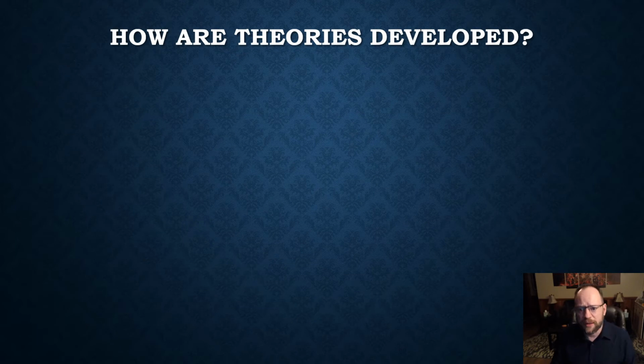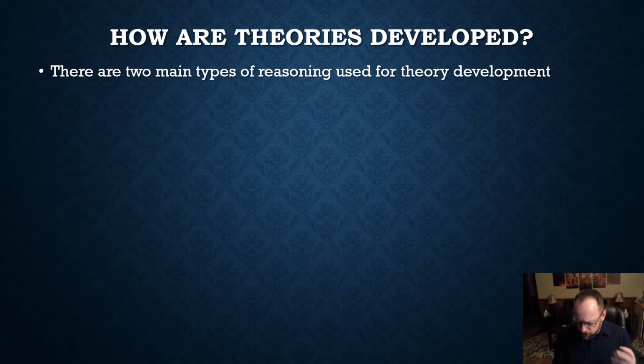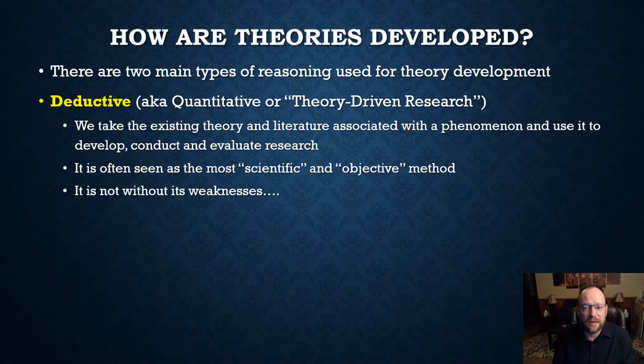So how do we develop theories, right? We know the rules of them now. Well, how do people go about developing theories in the communication research world? There are two main schools of thought when it comes to the development of theory, two research paradigms, if you will. The first one is deductive reasoning, right? This is probably the most common, particularly in the hard sciences. Deductive reasoning, we call it quantitative or theory-driven research.